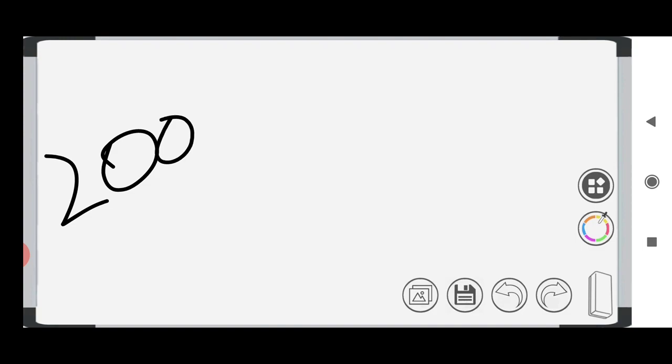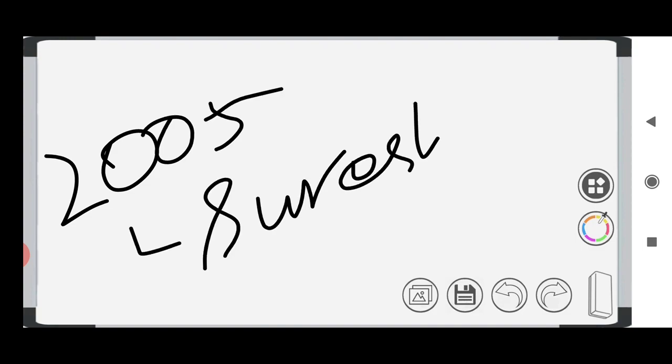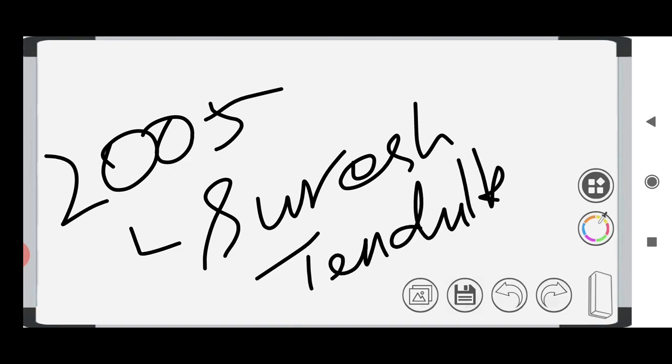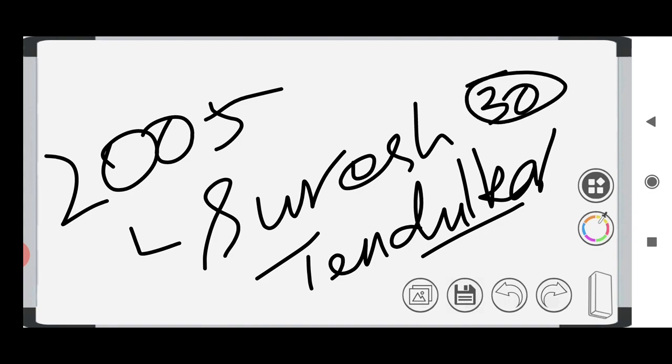And 2005. This is one important committee, the Suresh Tendulkar Committee. The Suresh Tendulkar Committee was in 2005. Their reference period was 30 days actually. Within this 30 days, how much expenditure for food, cloth, education, footwear was also calculated.